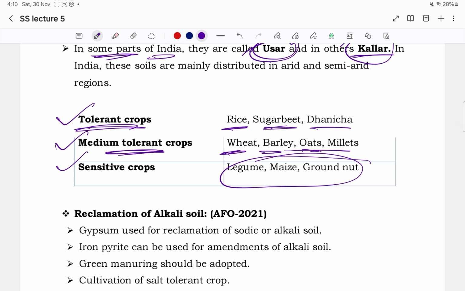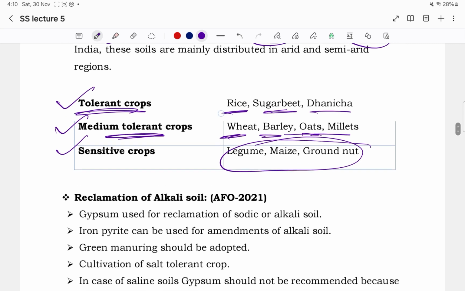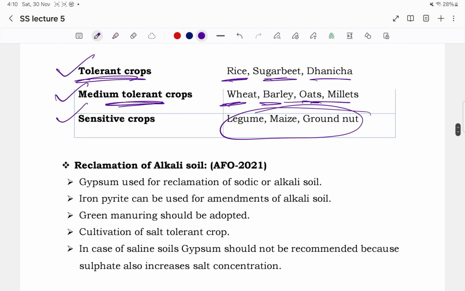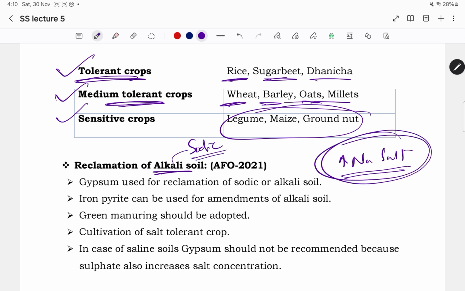How can we reclaim the alkali soils? We already know there is a high amount of exchangeable sodium salt. That's why they are called alkali soil or sodic soil. We have to remove this excess sodium salt.